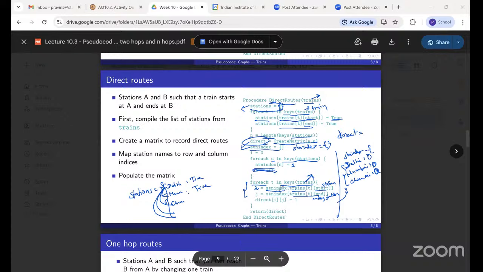And if the station start and end is already there in your station index dictionary, then you set direct of I and J equal to 1.